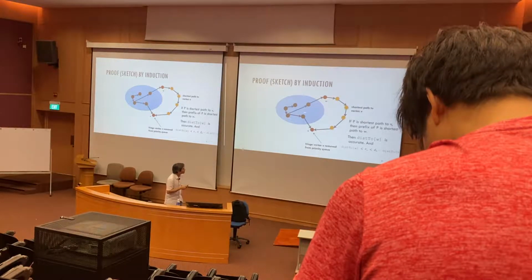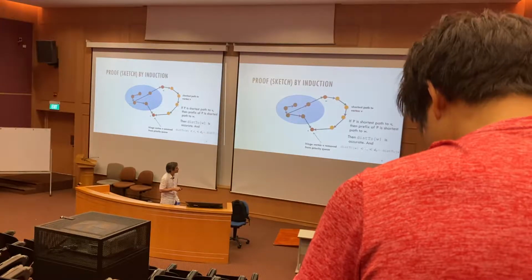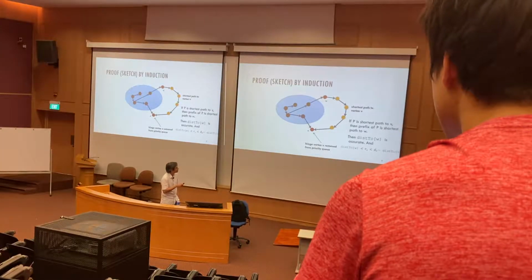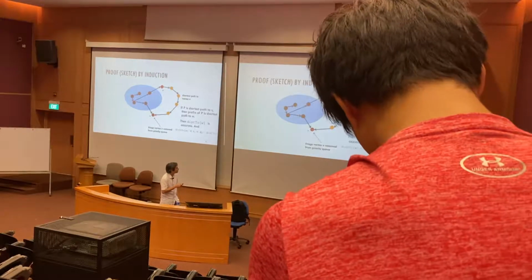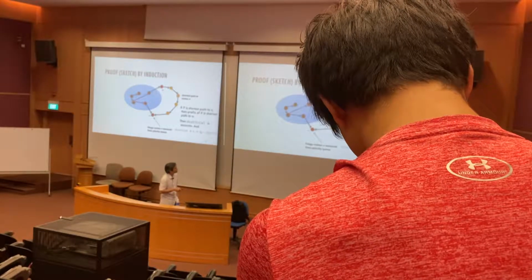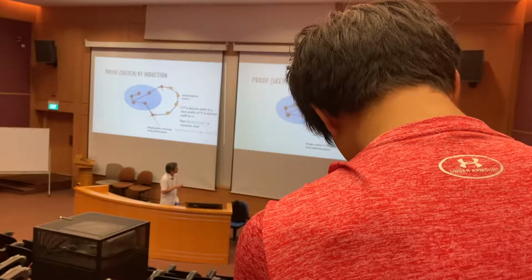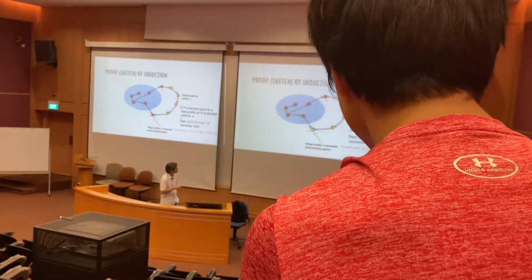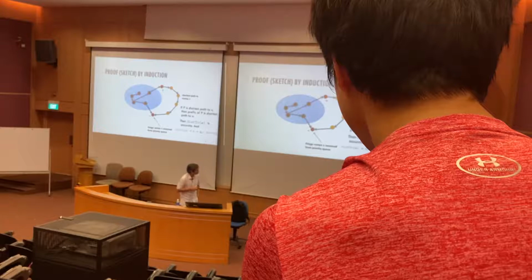Because of this property, the distance to W must be less than RV, the distance to V going through W. And this has to be less than dV, the direct distance to V, because P is the shortest path.